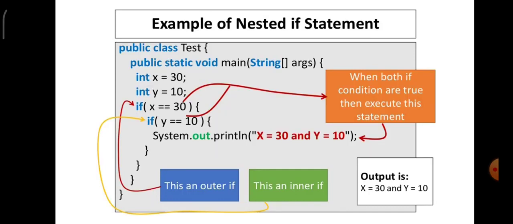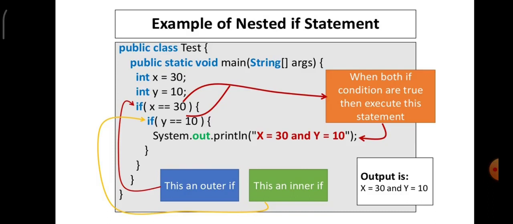As you can see, the main method is called. Here we are initializing the variable x equal to 30, which is an integer data type, and y equal to 10. So we are declaring and initializing two variables. You may draw two boxes, one as x, inside that box you can write down 30, and another box y, inside that you can write number 10.